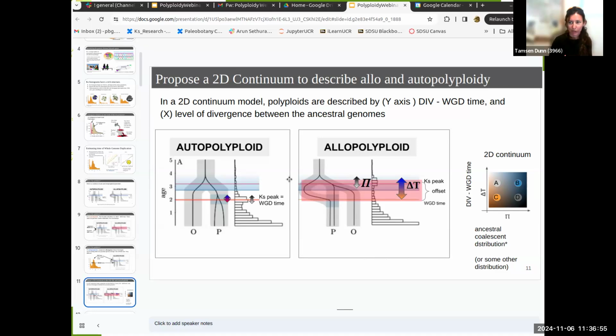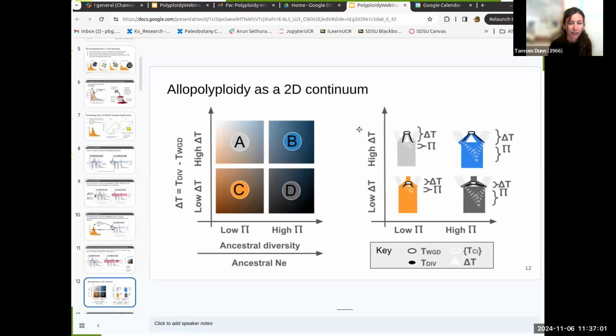So there's kind of two parameters at a minimum that we need to take into account.